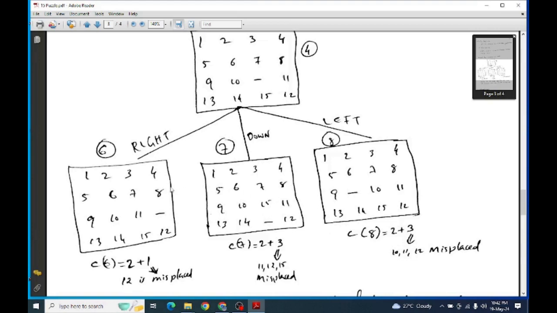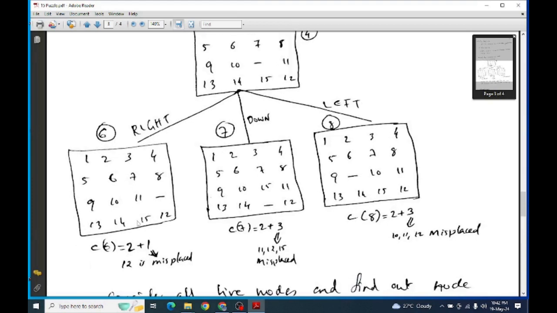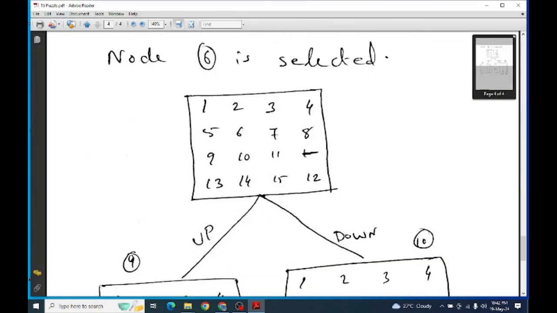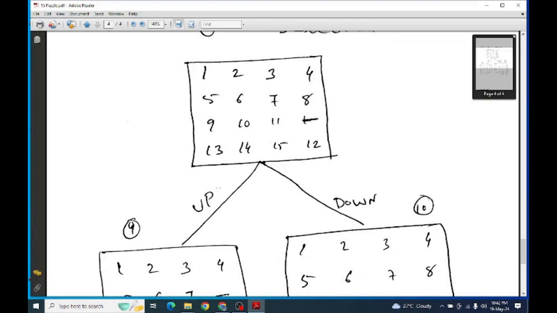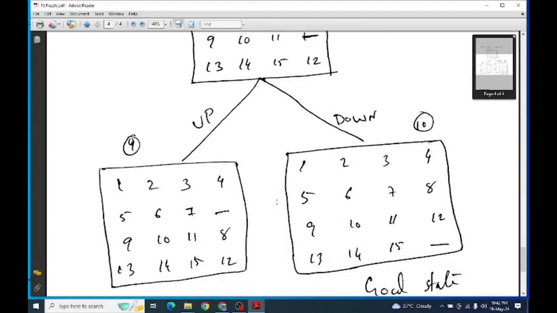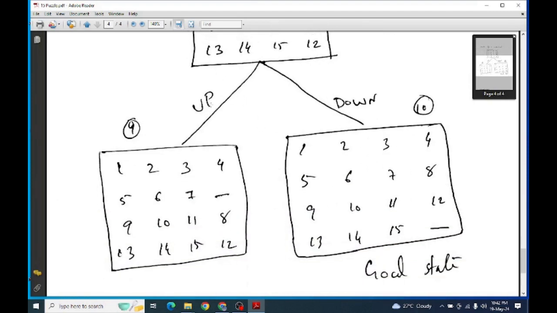Okay, so which is the minimum cost movement? This is the state with minimum cost. So 6 will be selected for further expansion. And here you have to consider up and down only, because left and right will make the previous position.